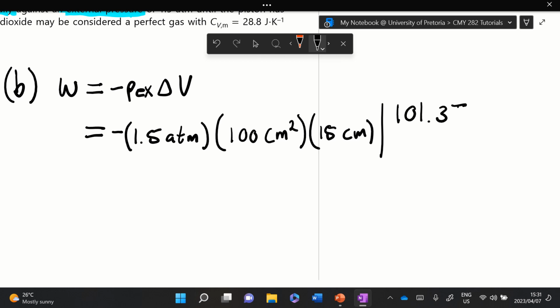101.3 joule per liter atmosphere. We can use that conversion factor to get rid of the atmosphere and the liter.